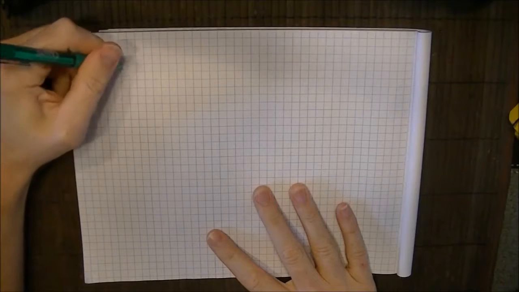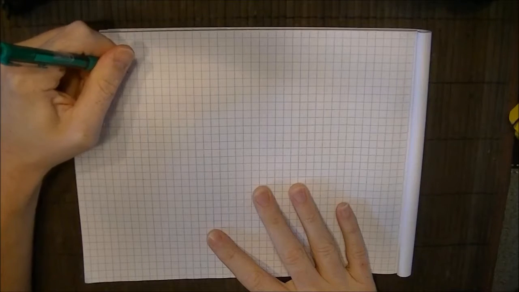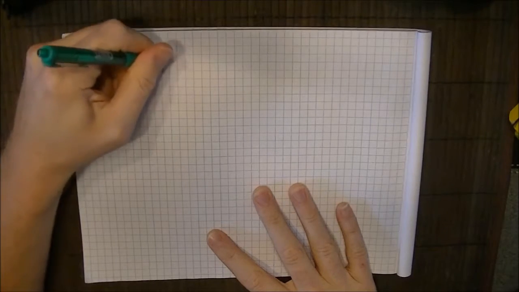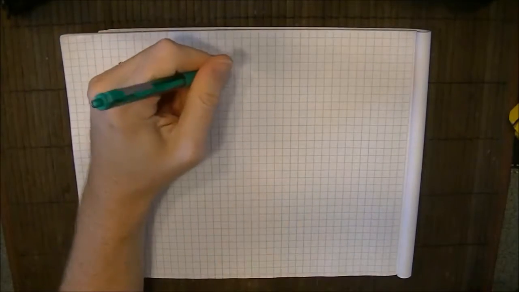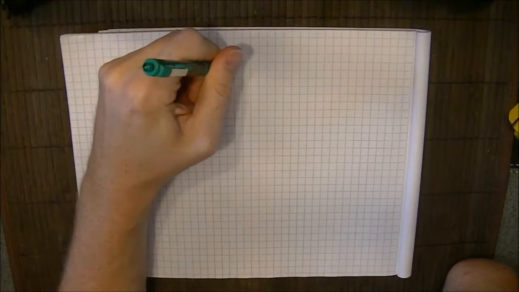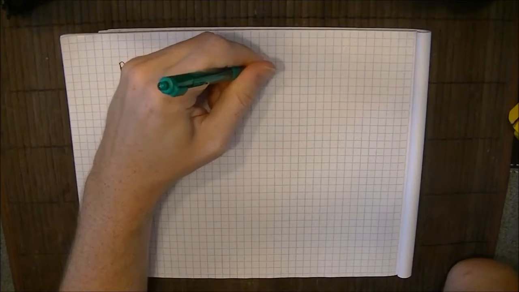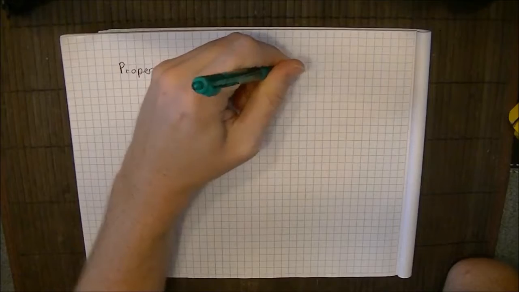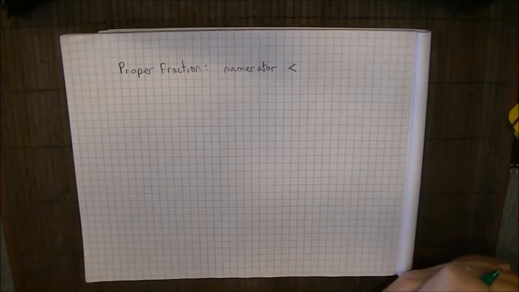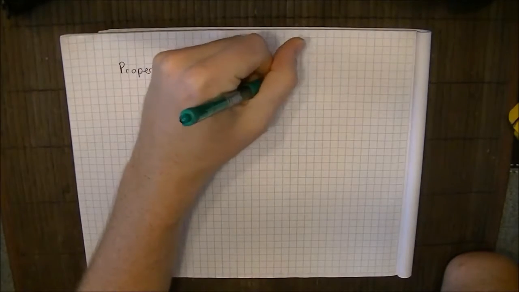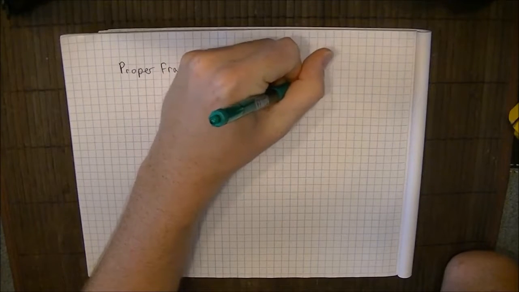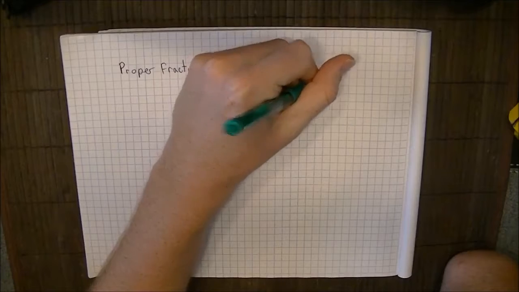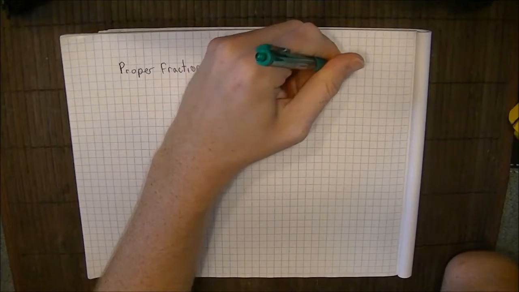First off, let's start with some vocabulary. A fraction is called a proper fraction if the numerator is strictly less than the denominator.